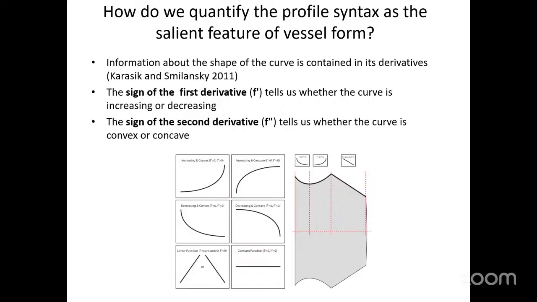When you divide the vessel into segments, these are all curves, and the signs of the first and second derivative are sufficient to describe the general shape of the curve. You can see how it looks when it's increasing and convex, increasing and concave. So for any vessel, you can fit each segment into one of these 6 types according to the curvature and the first derivative of the curve.